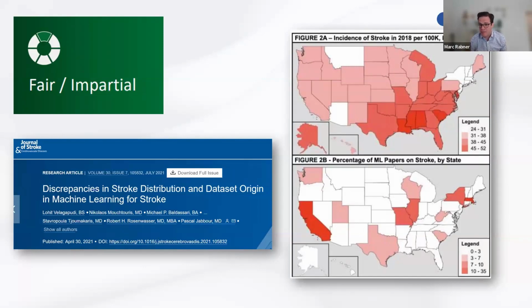And that's in the bottom figure. California, New York, Massachusetts, often where these studies were taking place. But on the top figure is the incidence of stroke in the United States. So it brings up the question, will this tool identify stroke as well for patients in Louisiana as it does for patients in New York? I don't know the answer to that, but we should have answers for these types of tools as they're deployed.